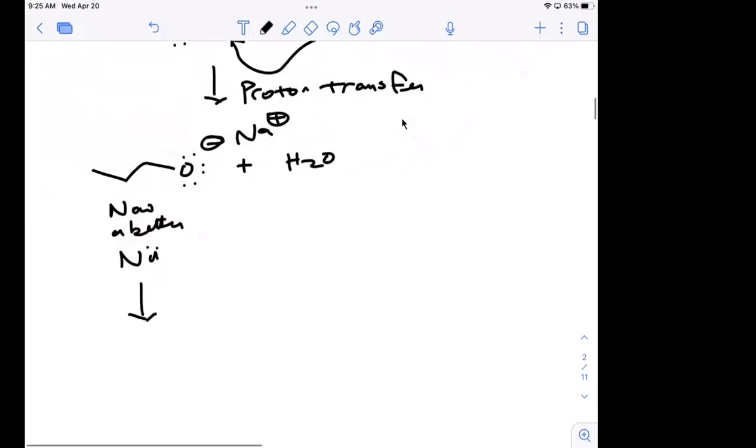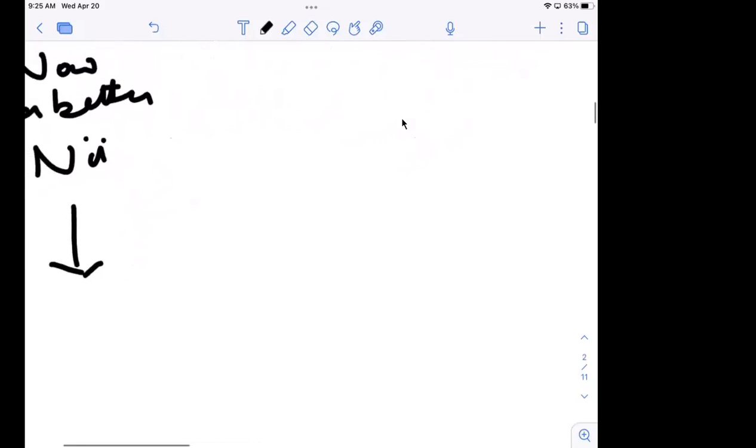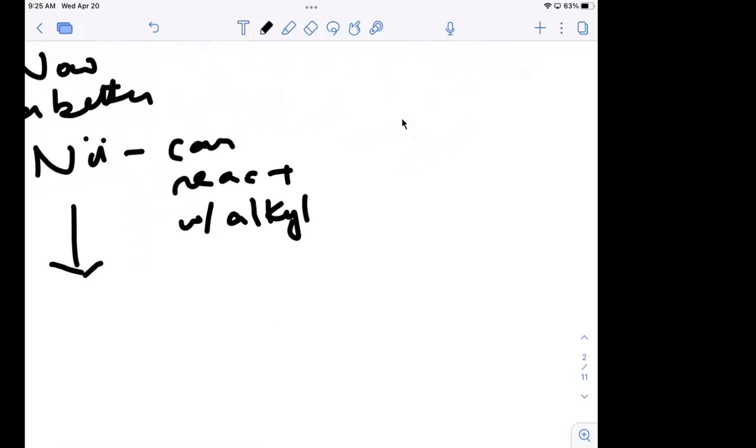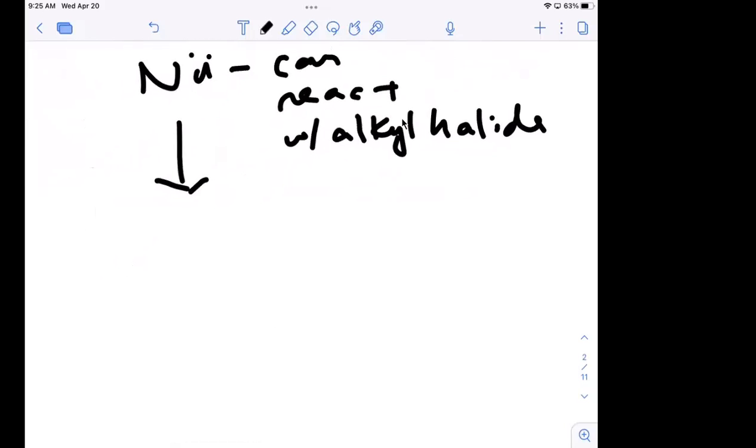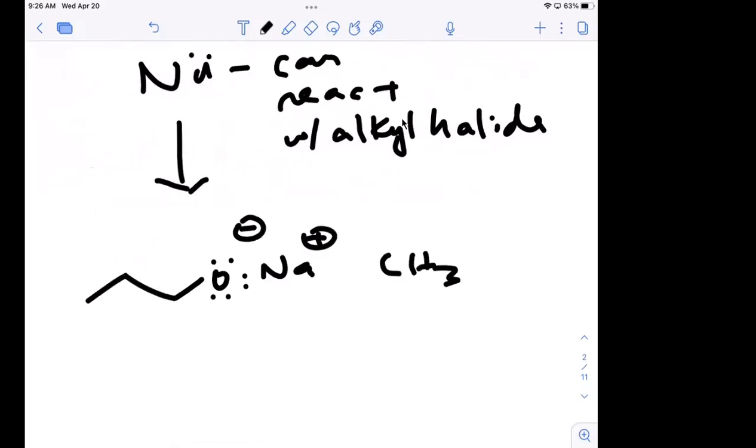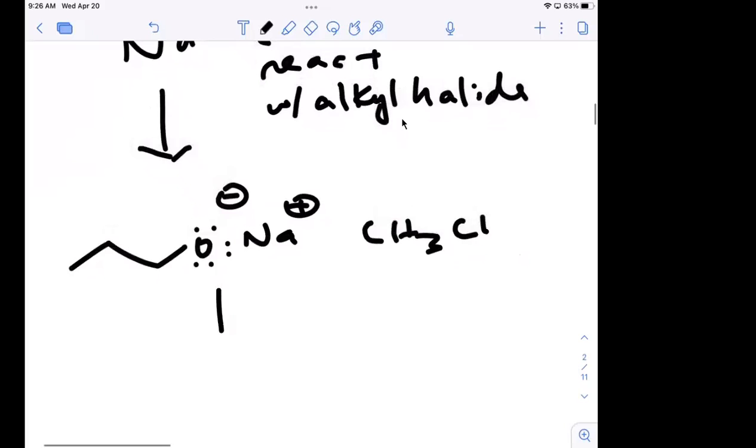I'm just going to redraw it. Let me give a generic alkyl halide. So here's my nucleophile here, and then let's just say I react this with CH3Cl. All this is again an SN2 type substitution.